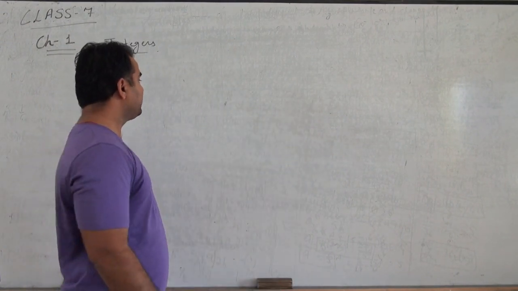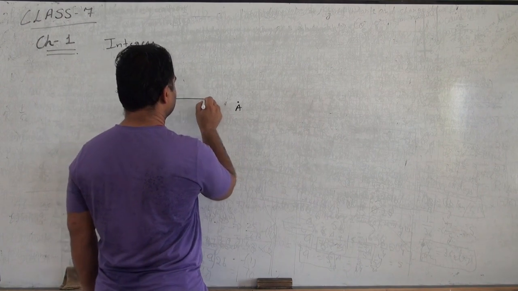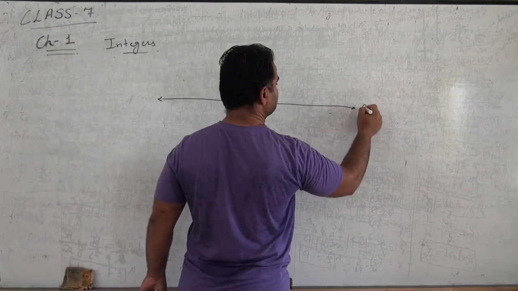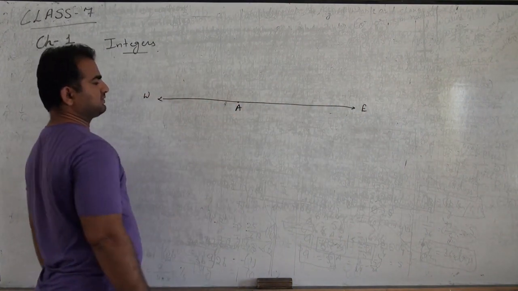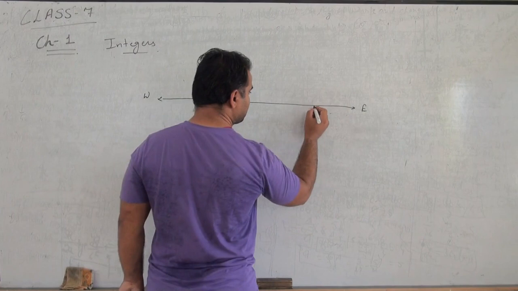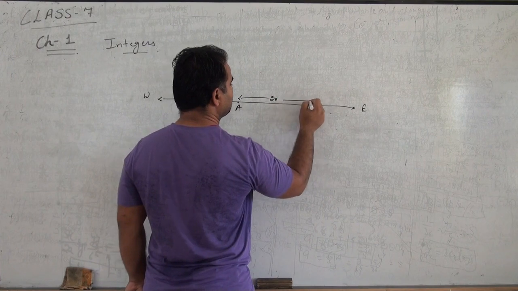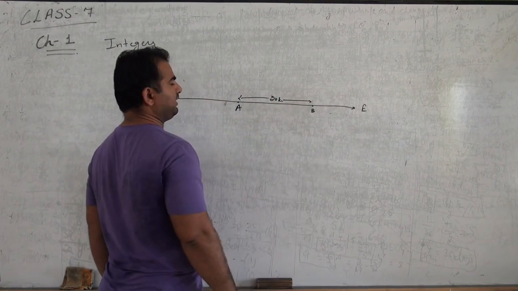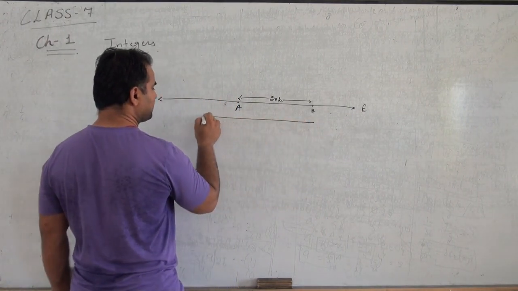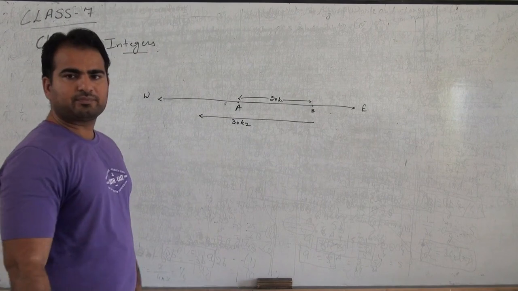Rita is going from point A to point B. This will be point A. This side is east and this side is west. Rita goes 20 km towards east, like this to point B, and it is 20 km from A. After that, she returns and goes 30 km towards west. Done?